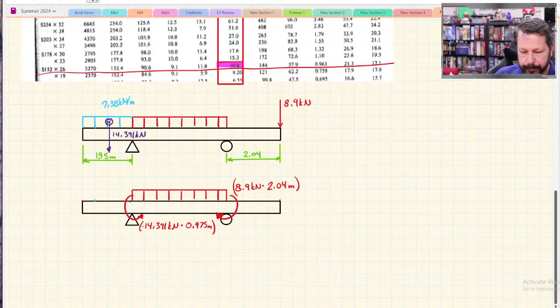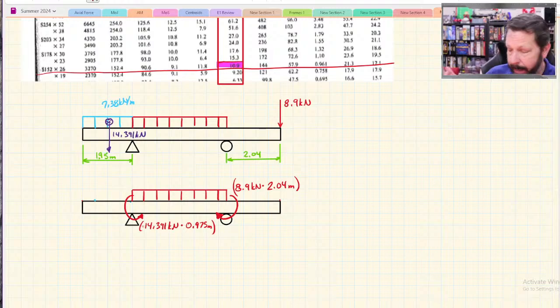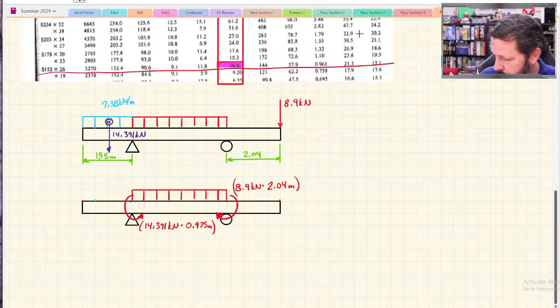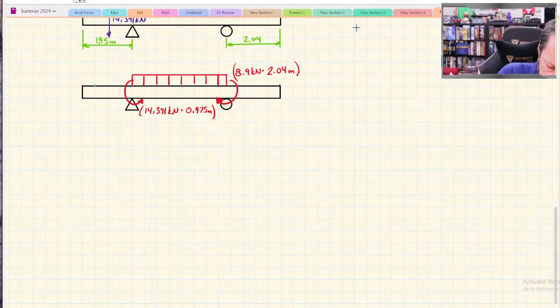Okay? So we'd have to do the math to figure out what those values are. We'll do that in a minute. So now what I've got is something that matches the cases in my chart, and it looks like this.